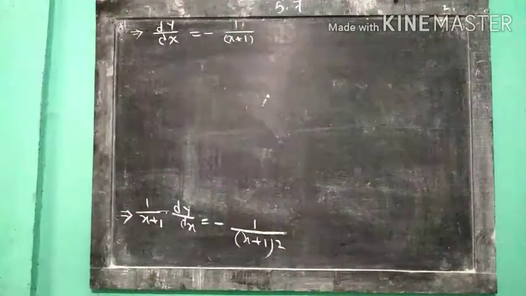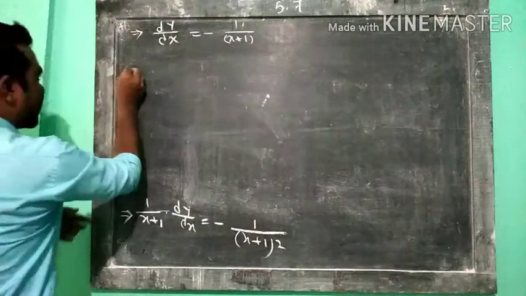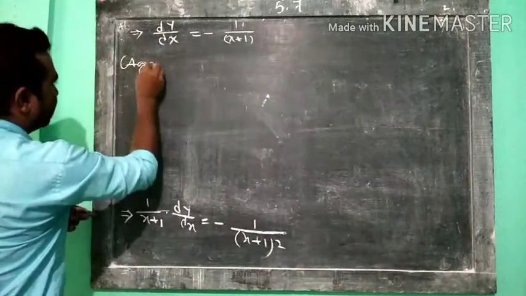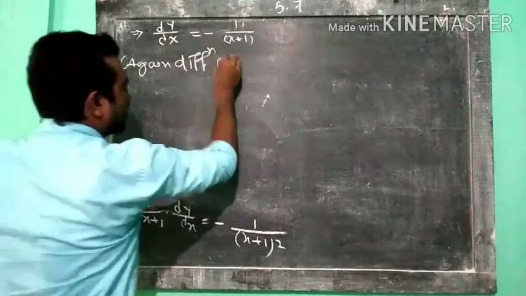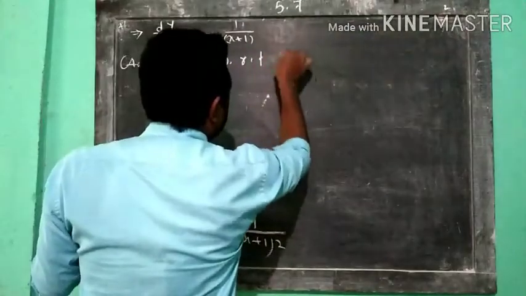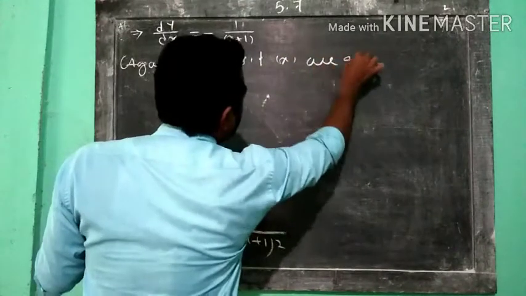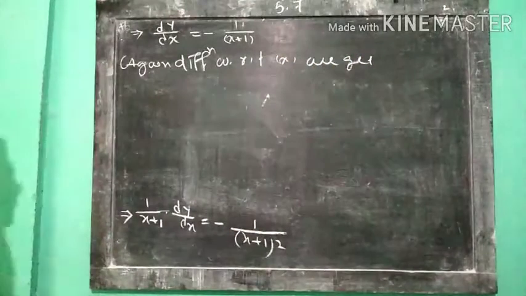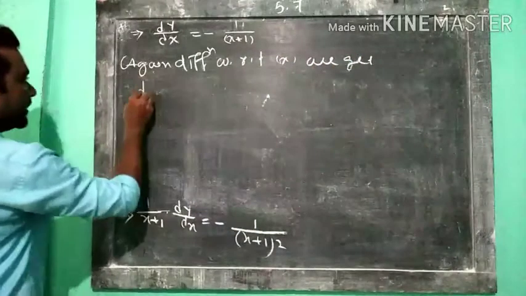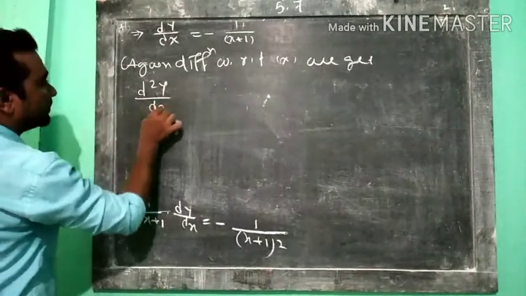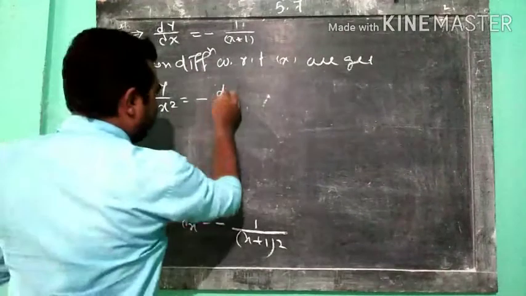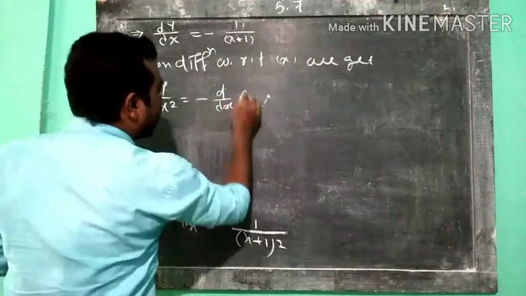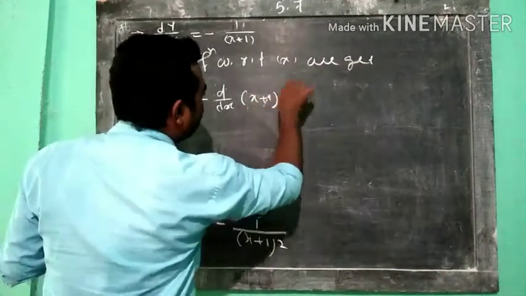Again differentiating this with respect to x, we get d2y/dx2 equal to, here is minus, so again differentiating, this can be written as x plus 1 whole to the power minus 1.